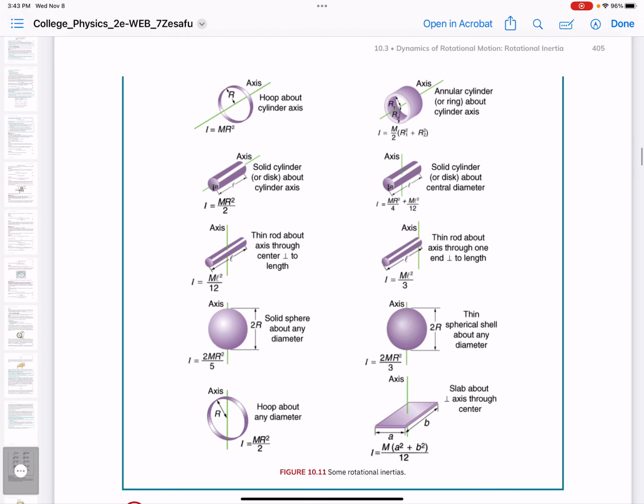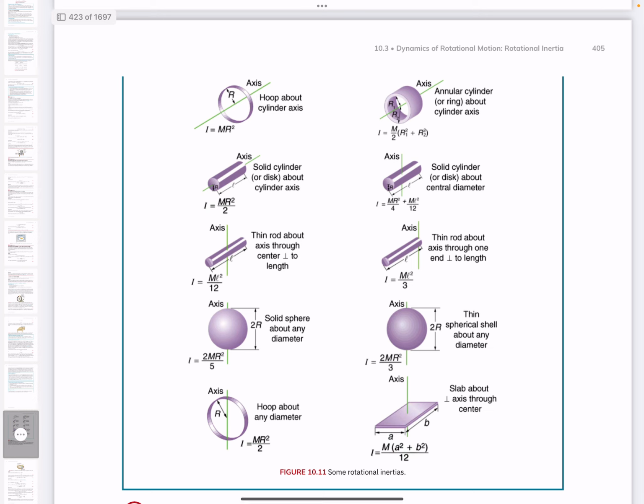Okay, but if you notice, let's talk about the top left. Let's say we have a hoop, and it's just this hoop. It's got a mass. The hoop has its mass times the radius of the hoop squared, and if it's rotating about that axis, then that's going to be its moment of inertia, the mass of the hoop times the radius squared.